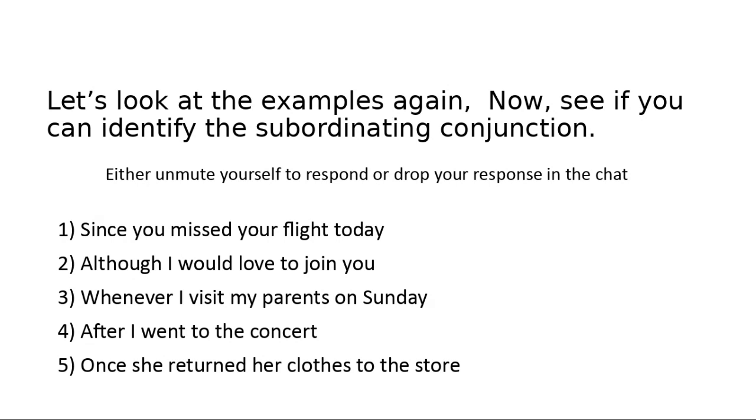But so if you want to take that thought a little bit further and think about subordinating conjunctions, we know that a dependent clause needs an independent clause in order for it to make sense, right? In order to give it the structure that it needs to make a complete sentence. We know that complex sentences consist of a dependent clause and an independent clause.